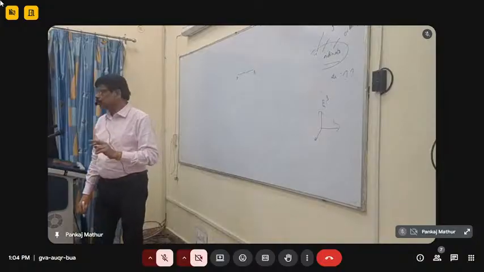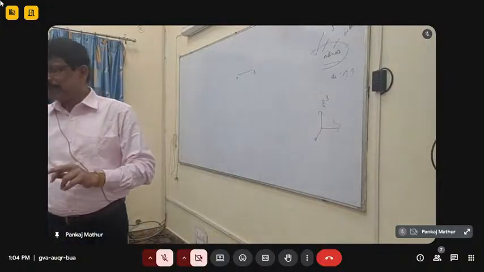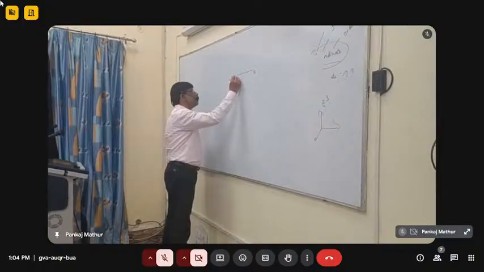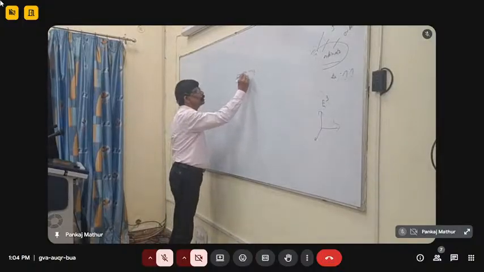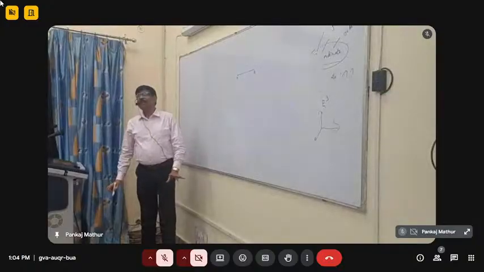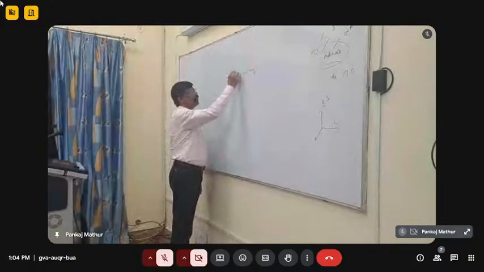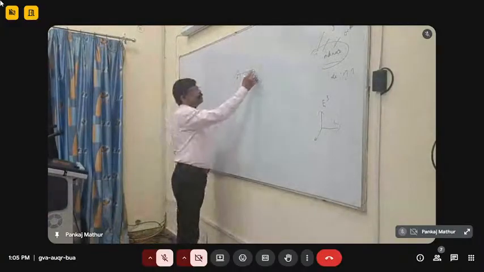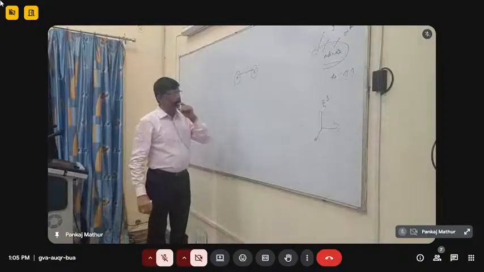Force, velocity, acceleration, etc. are physical quantities, but they have magnitude and direction simultaneously. Therefore, physical quantities can be represented by a vector, and we denote this AB as a vector. Then A is called the initial point or point of application, and this is the terminal point.